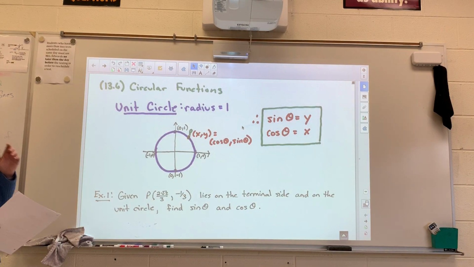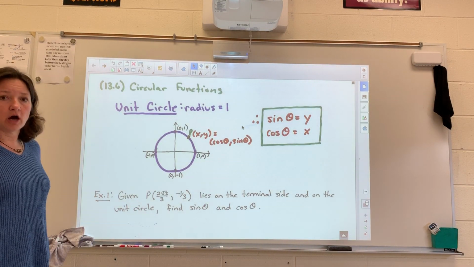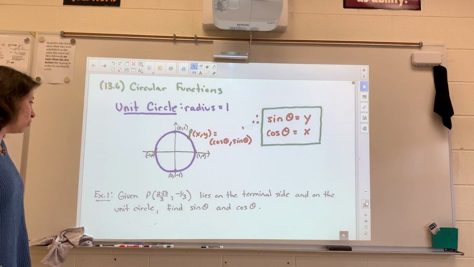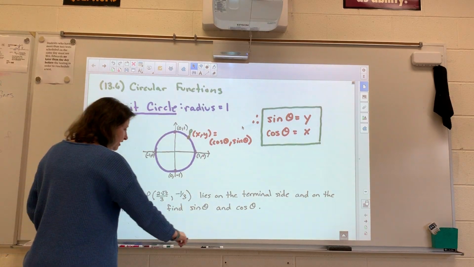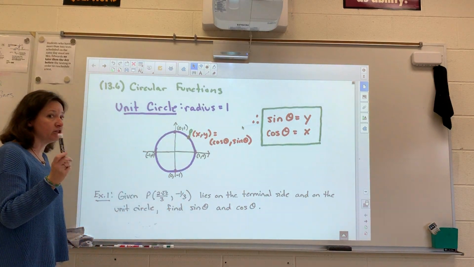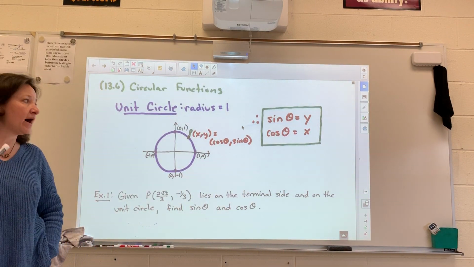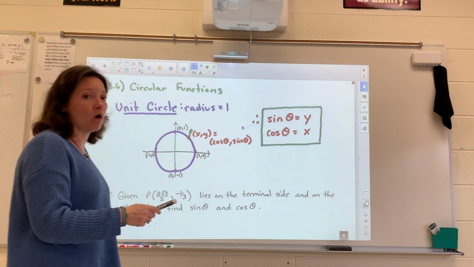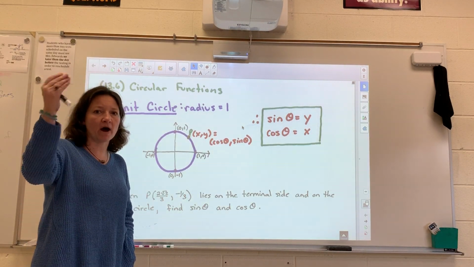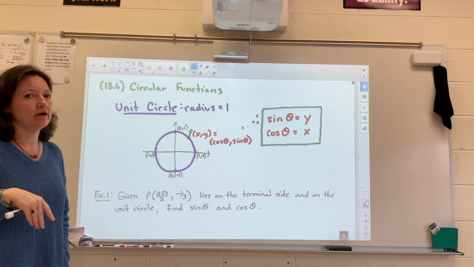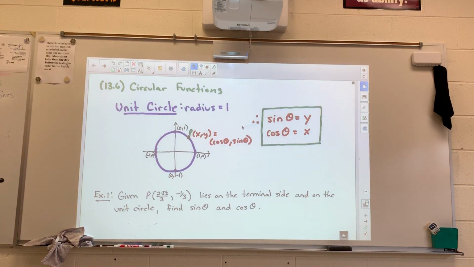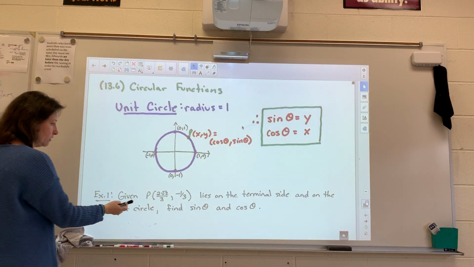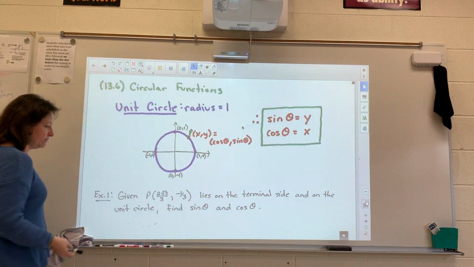So we don't have to build a triangle anymore to find our trig functions if we simply remember on the unit circle, sine is y, cosine is x, tangent is y over x. Of course, if the radius is anything other than 1, then yes, we need to remember the y over r, x over r, etc.